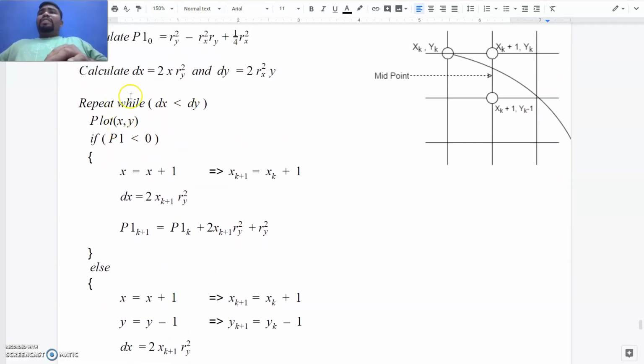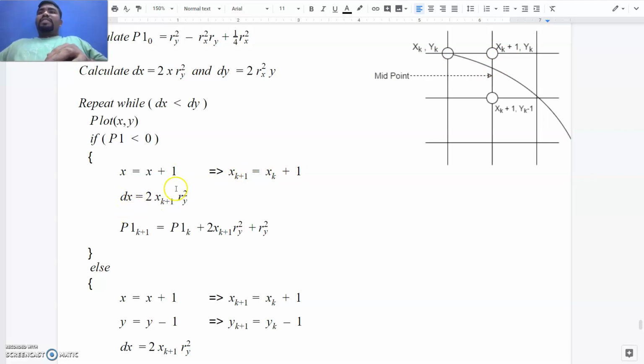So we will see what P10 is. If it is less than 0, then what does it mean? It means the point lies inside the ellipse. That means this arc is going to choose the upper point. In the upper point, y doesn't change, only x changes. So you can see x is changing from xk to xk plus 1. That is x next equal to xk plus 1, and y is nowhere changing.